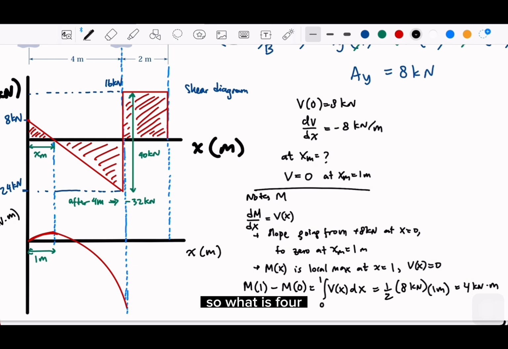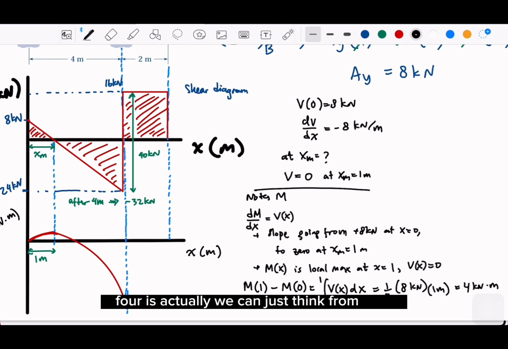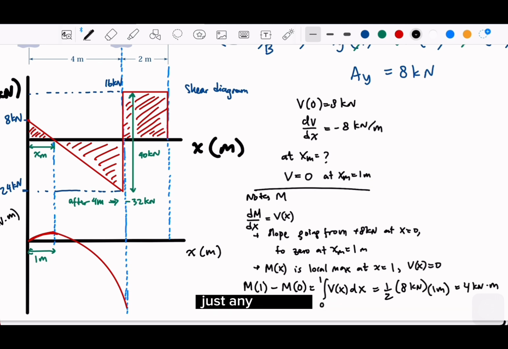So what is 4? We can just think from here. So 8, 1, and then divide by 2, just the area of a triangle. This is the area of a triangle, and this is another area of a triangle, and an area of a rectangle. That is our integration for M.